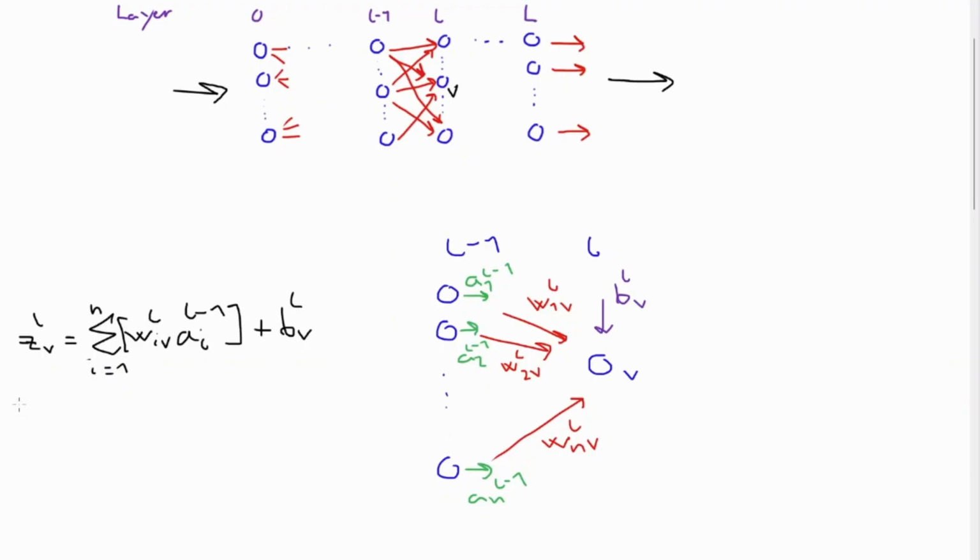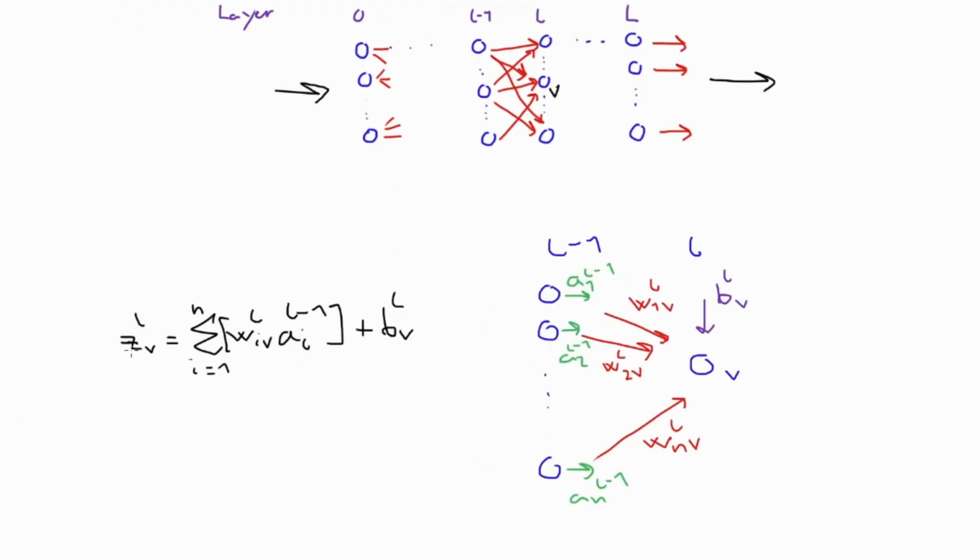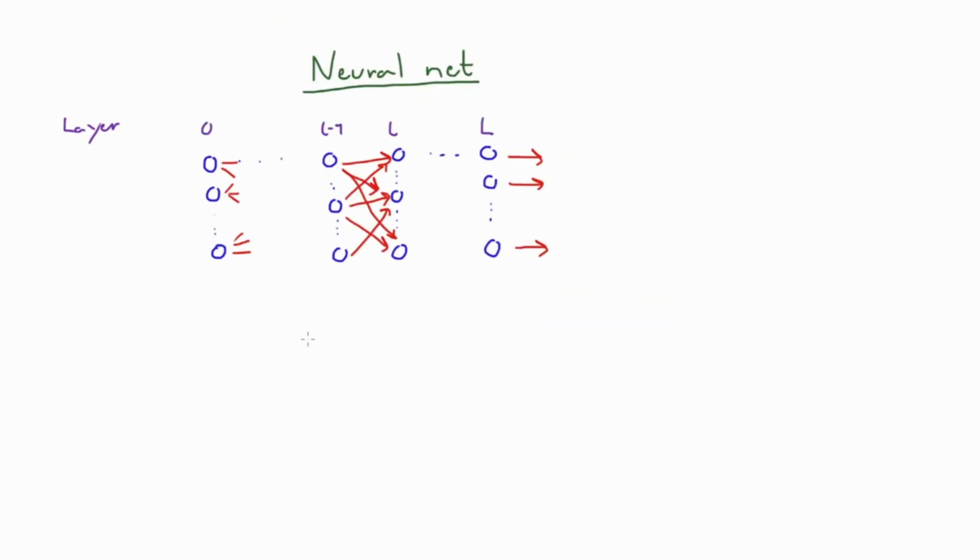And then the final output, which is produced at neuron v, we get by taking the weighted input and running it through some nonlinear function, which we denote as sigma. So we run z_v^L through this nonlinear function, and then we get some new activation term, a_v^L, at neuron v. So the output of neuron v becomes a_v^L.